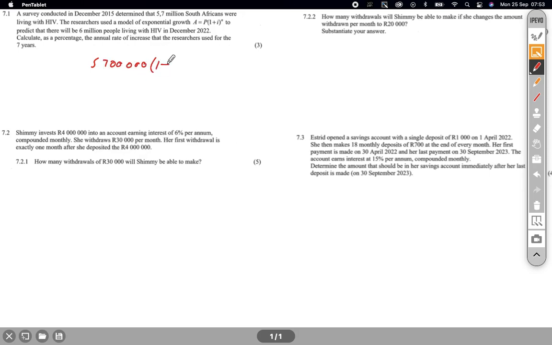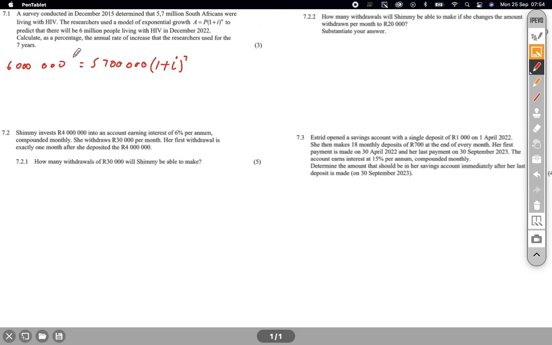And then remember, we are looking for the interest rate. In this case, we are looking for the annual rate of increase. Okay, and we have n is 7. Remember, our A is 6 million.